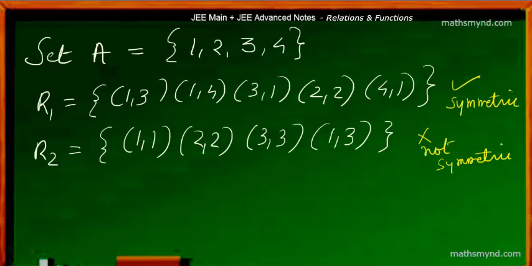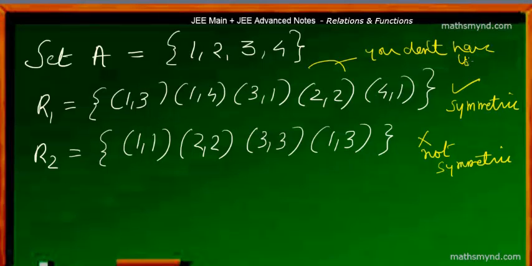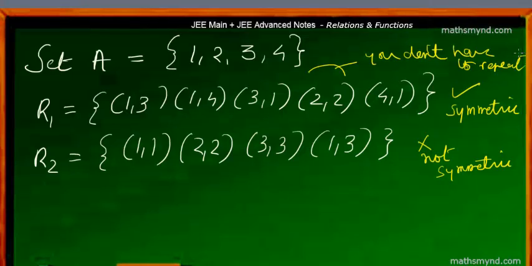For 1, 4, you have 4, 1. And if you are asking what about 2, 2, we know that for that ordered pair, it itself is the symmetric ordered pair. So you don't have to repeat it to prove it. That's the key point here.